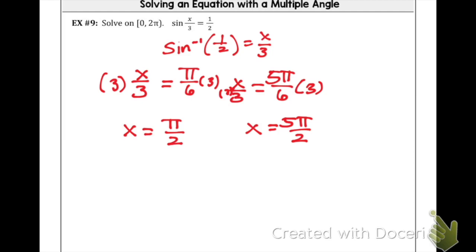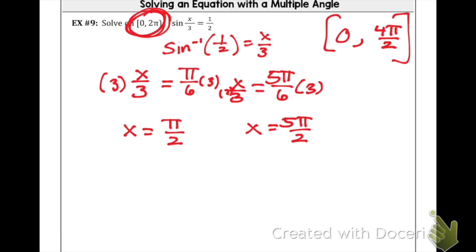So now we need to think about, if I'm dealing in halves, I always like to convert my interval here to have the same denominator, or the largest denominator. In the case of the last one it was 6, because sometimes you might have like 12 in your denominator, so then it's easy to think about it as twelfths. Okay, so we're going from 0 to 4/2 of a pi.